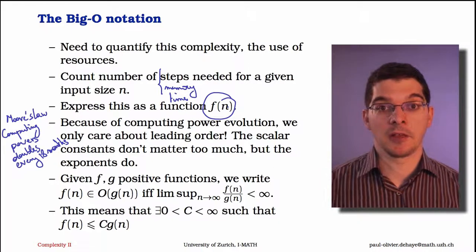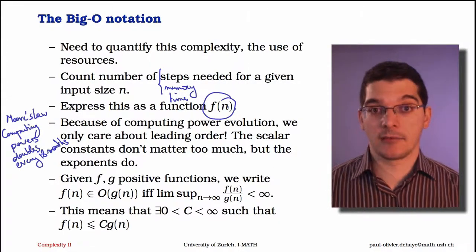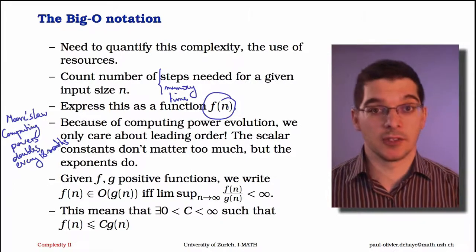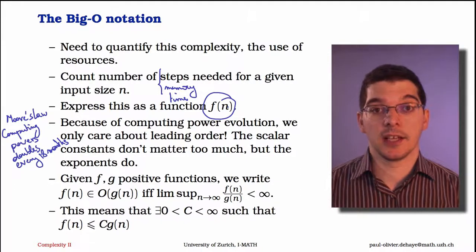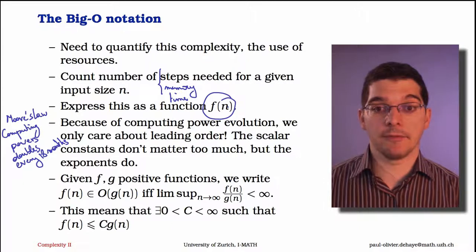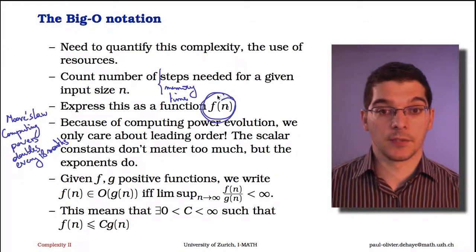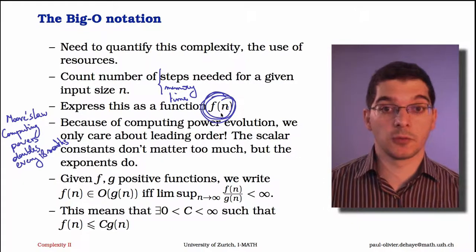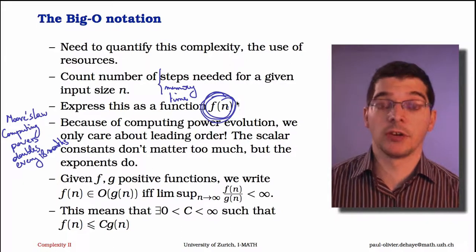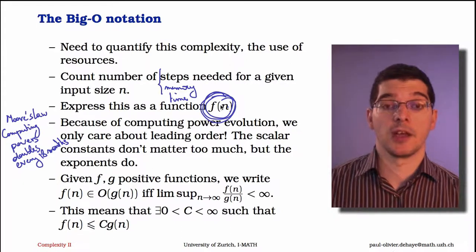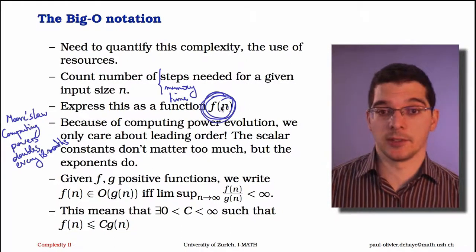But anyway, computers are evolving in power every year, every 18 months, they're doubling. So this means that as soon as you determine the general rate of growth of f of n, that's what matters basically.